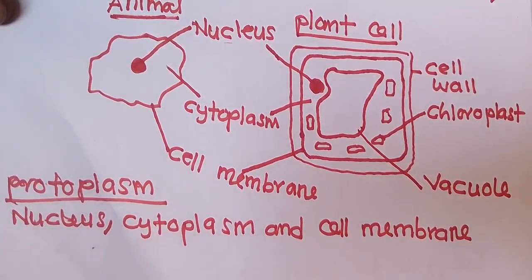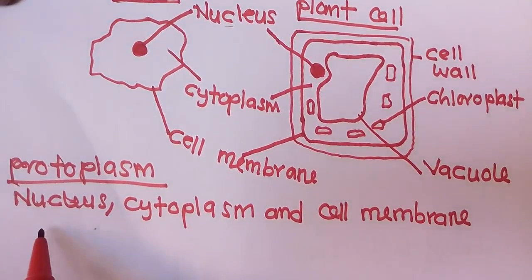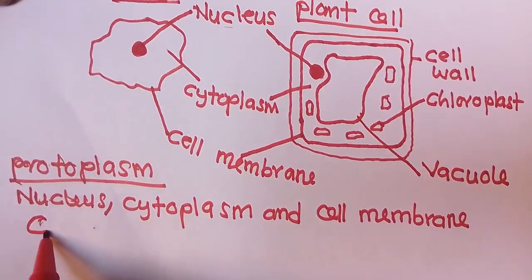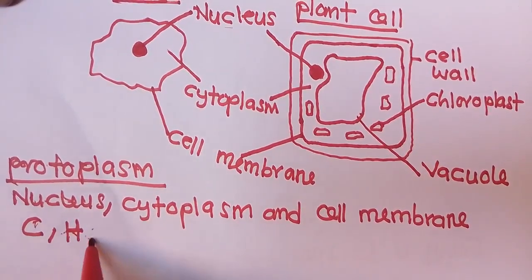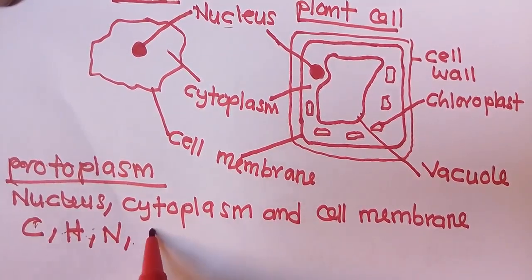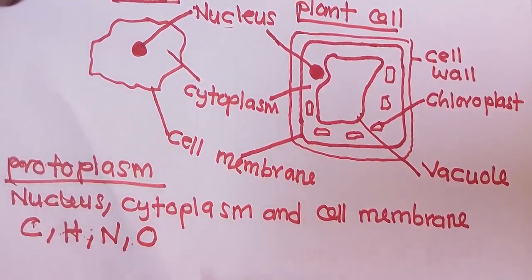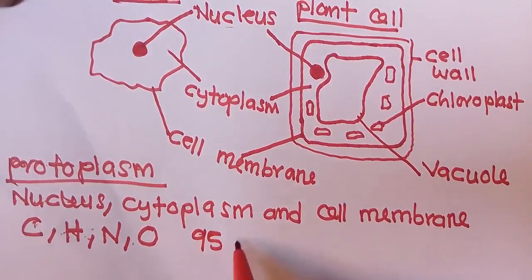We've got carbon, nitrogen, hydrogen, and oxygen. These are the major ones that are found in the protoplasm. This is the symbol for carbon. We've got hydrogen, nitrogen, and oxygen. These are the major ones, occupying about 95%.